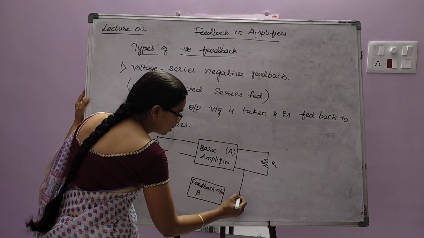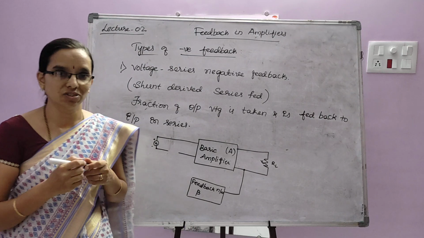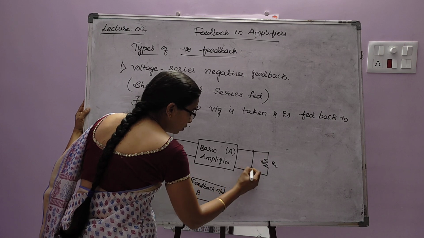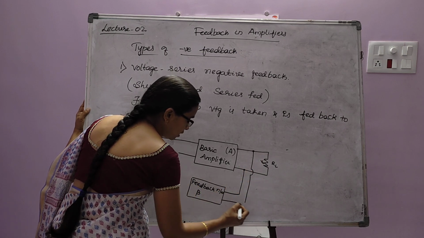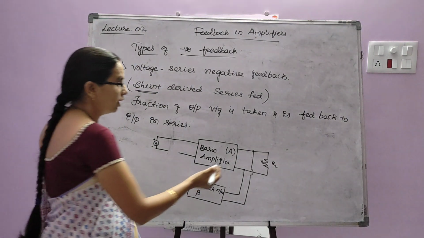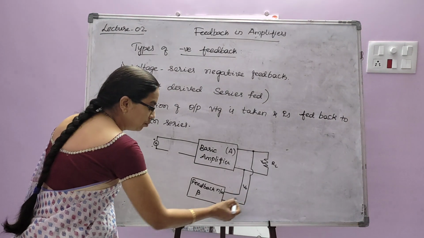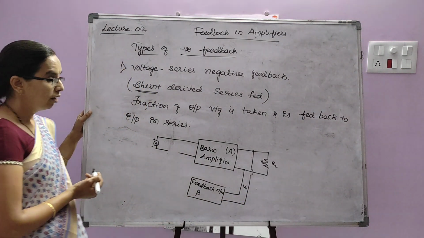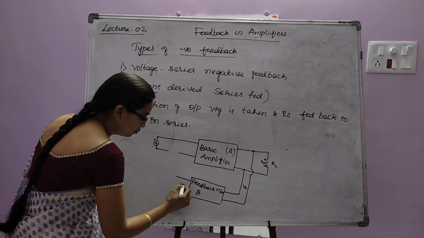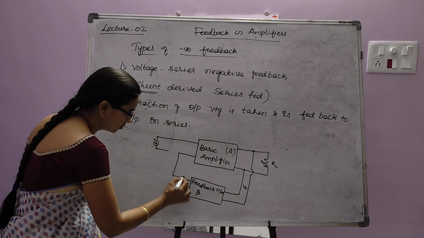In this connection, we are taking the output voltage. How do we connect a voltmeter across a component? In parallel connection, right? In the same way, we are taking the output voltage, therefore we make a parallel connection here. Parallel connection's other name is shunt connection. So the output voltage becomes the input for the feedback network, where it produces a feedback voltage Vf, and it is fed back to the input in series.